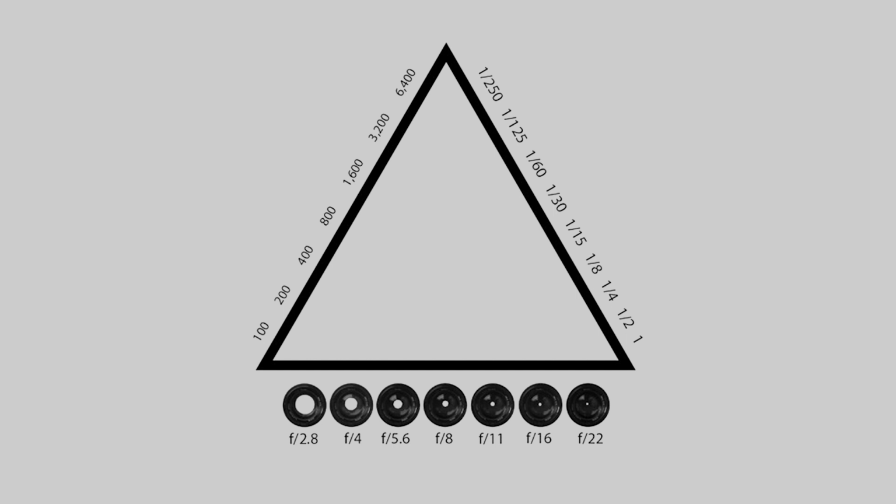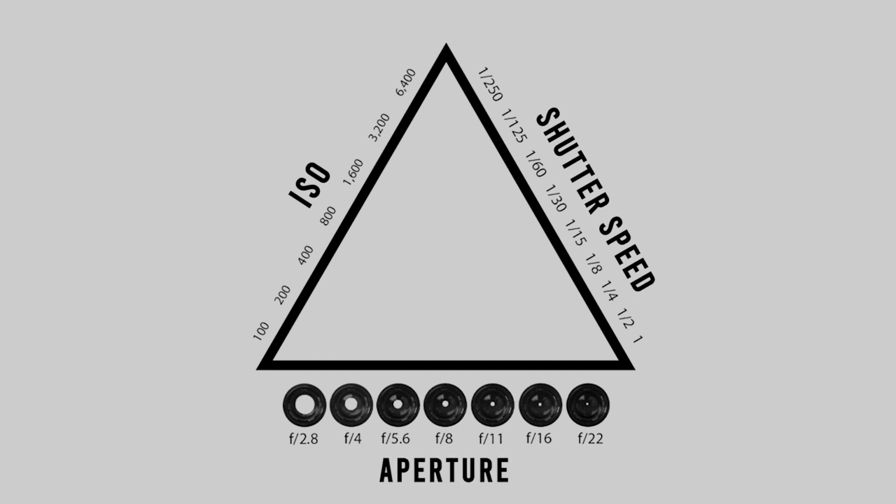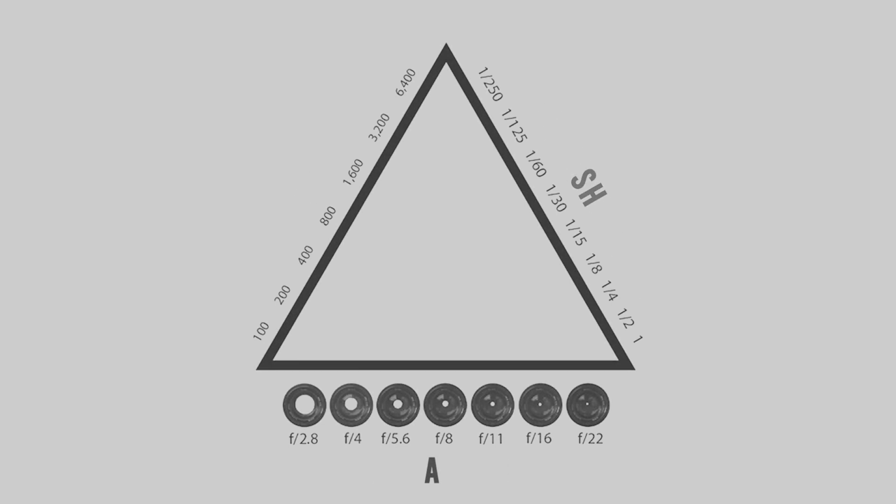I'm introducing you to the exposure triangle. In photography, the exposure triangle explains the relationship between aperture, shutter speed, and ISO. Whether you're shooting old school film or with a mirrorless, these three factors are at the center of every exposure.